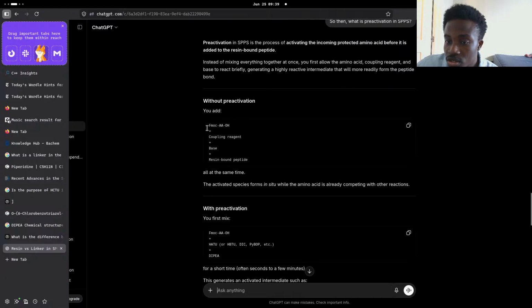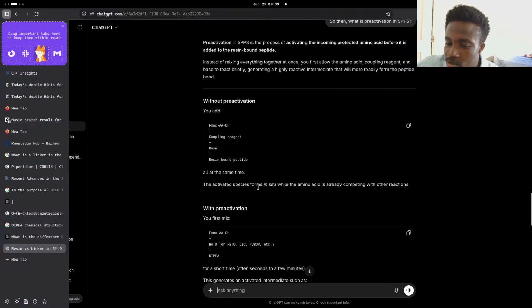Without pre-activation, you have your incoming amino acid with the Fmoc still on it, the coupling reagent HCTU, the base DIPEA for deprotonating the free amine group on the resin, and the resin-bound peptide, all at the same time.